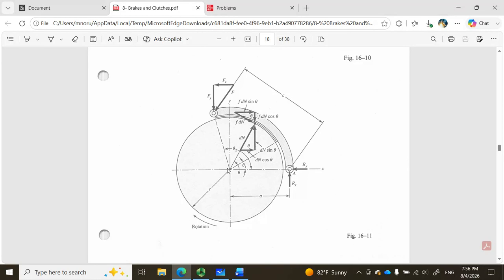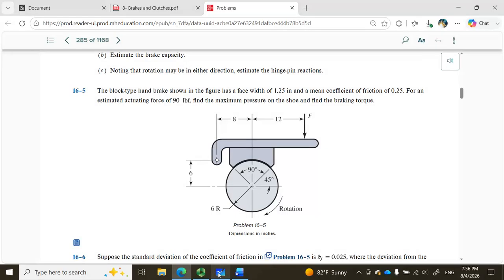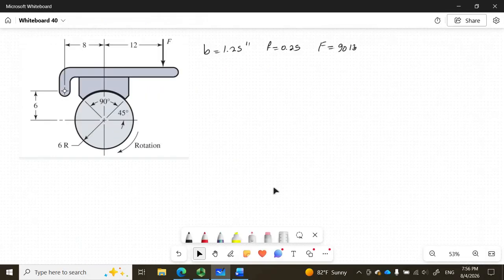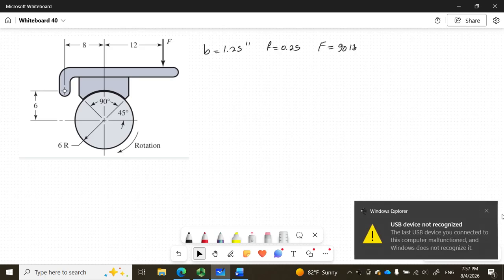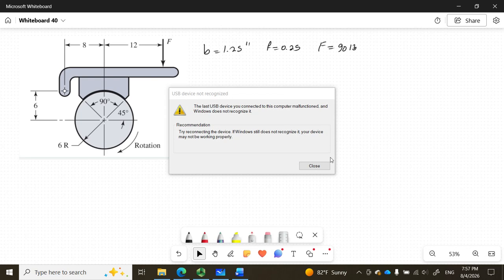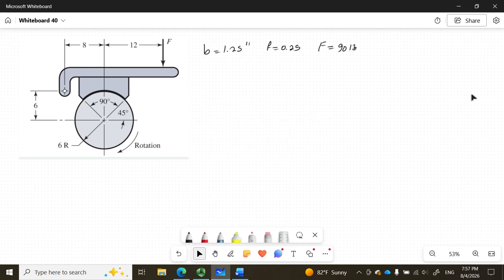Okay, so A is the distance from the center of the disc or cylinder to the pivot. So let's see where we have it. So A is this distance. See if my tablet stopped working. Alright.